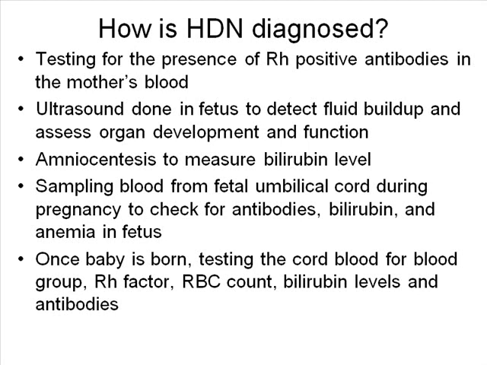Do an ABO, an Rh, and a direct Coombs. Now, if the direct Coombs is positive, that's where you're going to do an elution. So you would elute off what is on that baby's red cells and do an antibody screen or a full antibody panel to determine what it is.